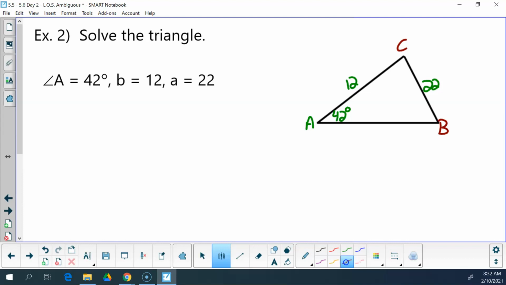Is this an angle side-side case? Yes. Do we have an acute angle? Yes. Okay, so that's our first check. Our first check was it's an angle side-side case.